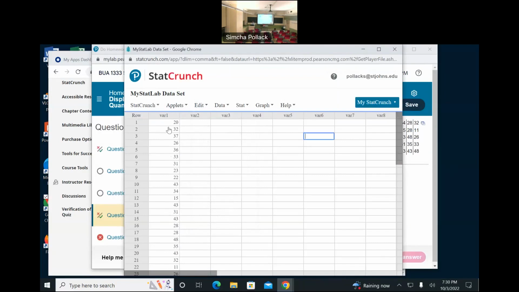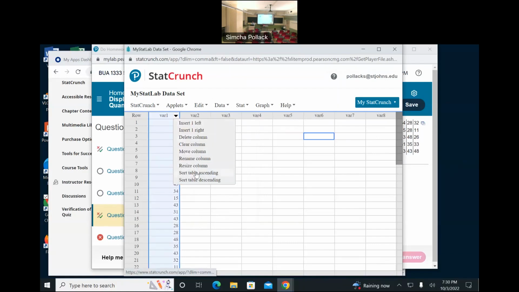We have 25 pieces of data, which presents its own problem. Let's put them from lowest to highest. I guess you can do that by clicking on this and sorting from lowest to highest. So that's the first step.